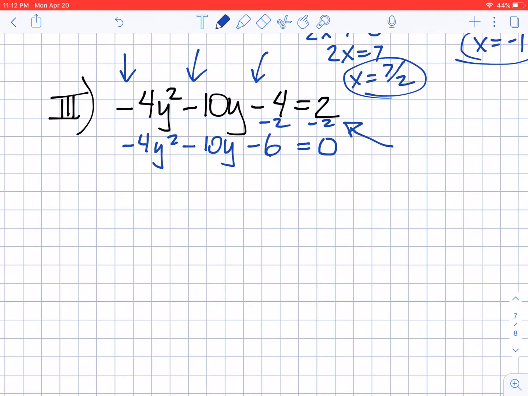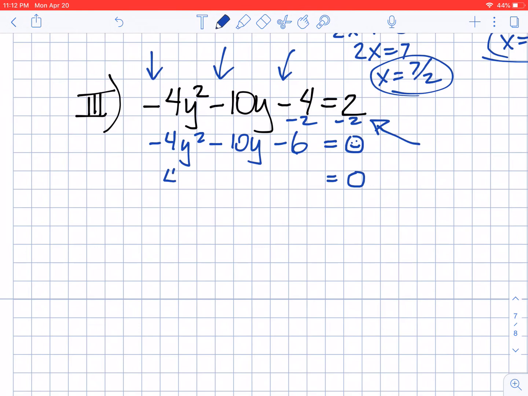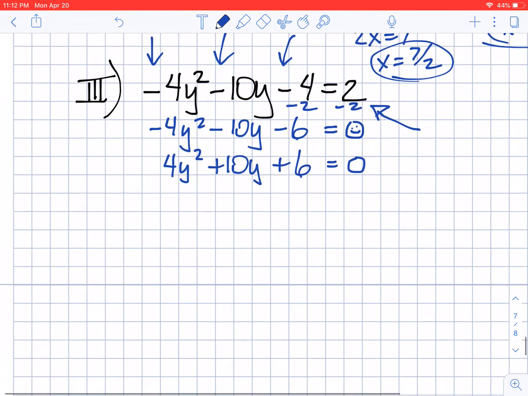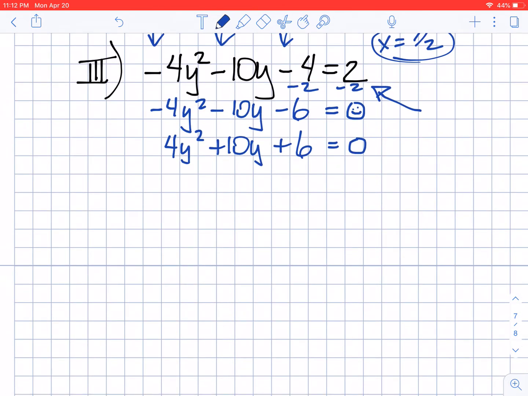Now I notice that everything can be divided by negative 1. That is, I can make everything opposite. And since I've got a 0 on this side, the opposite of 0 is just 0. So that's not going to change. So let's just flip all the signs right now. This is going to make our life easier. The last thing I noticed before I dive in and factor is that I can divide them all by 2.